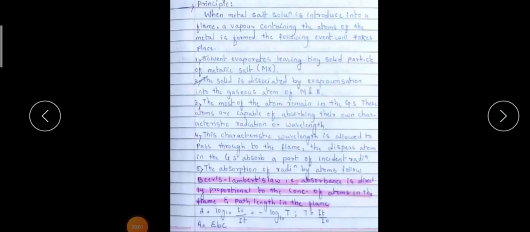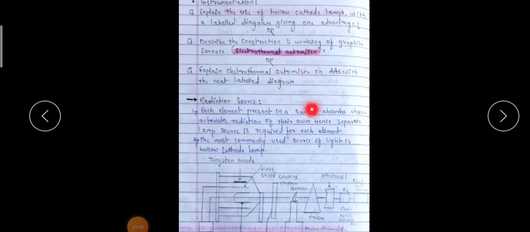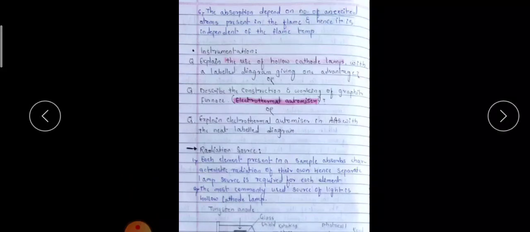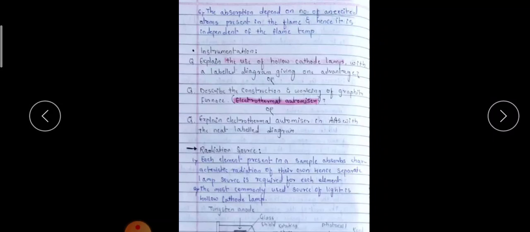Then we have related absorption and transmittance. A is the absorbance, T is the transmittance. Please remember these terms. Absorption depends on the number of unexcited atoms present in the flame, and hence it is independent of the flame temperature.